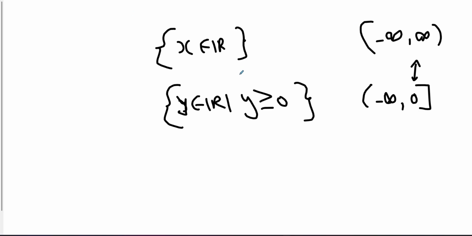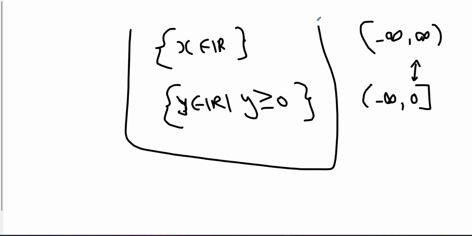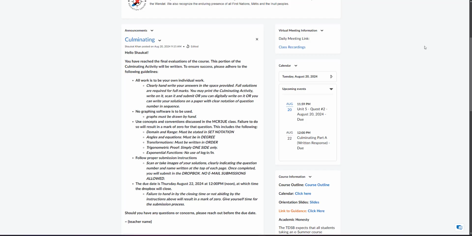So right now we are expecting you to have your domain and range in set notation because we did not teach you that, and that's not part of our course. So if you are answering with concepts that are not within the course, you won't be achieving any marks for that question.